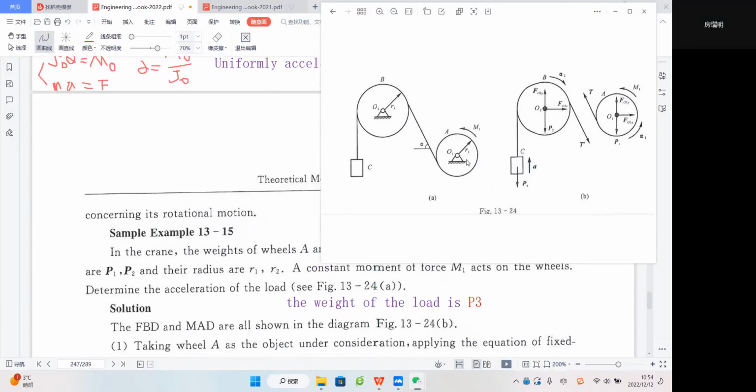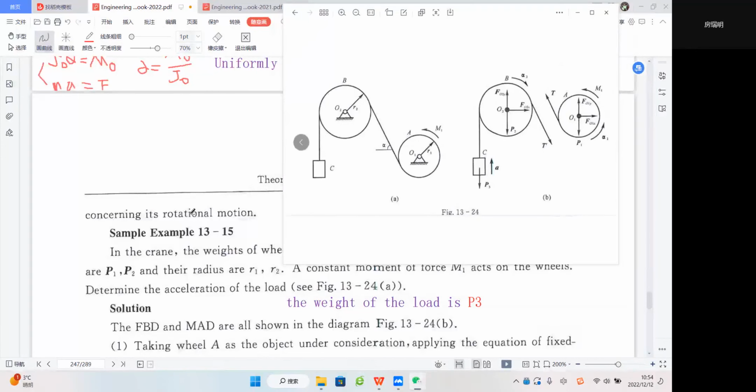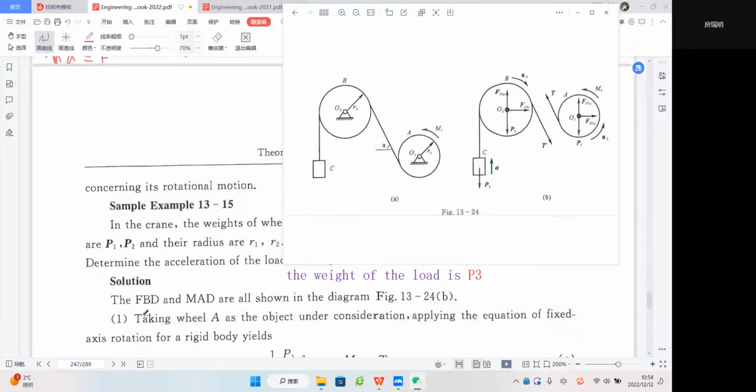So this is P1, P2, and P3. And once again, if we try to tackle this example, look at it with me, the FBD and MBD are shown here. So for the second wheel B, its force analysis is FO2X, FO2Y, and P2, right?